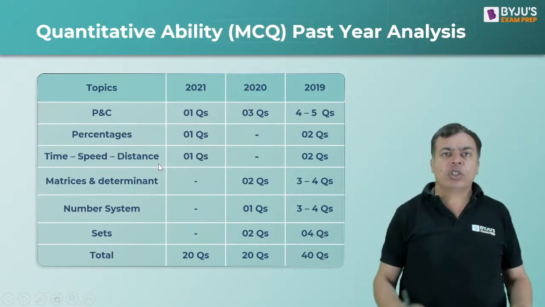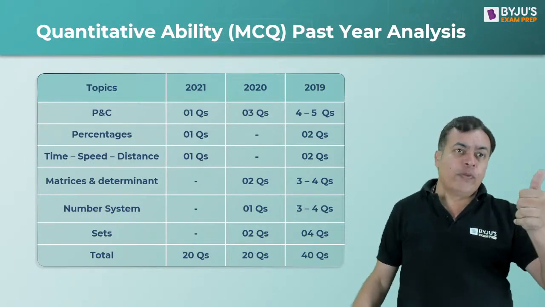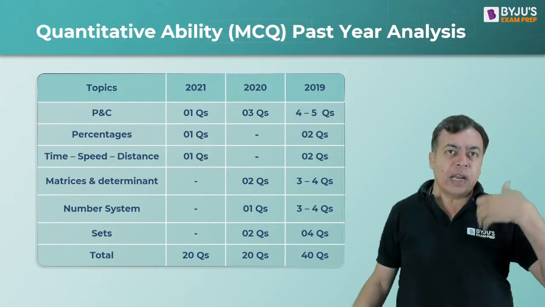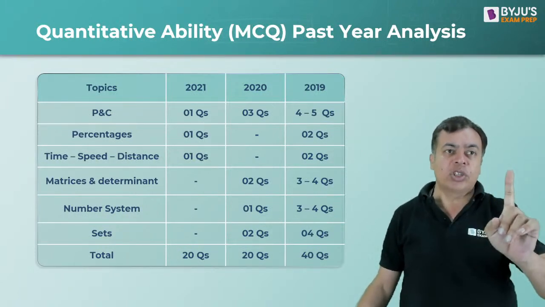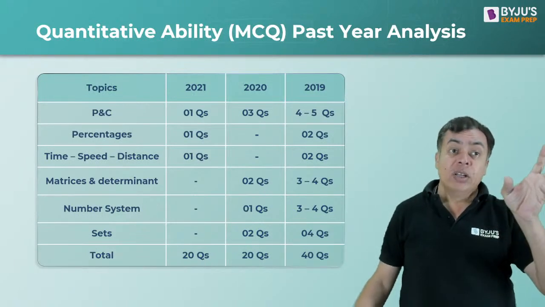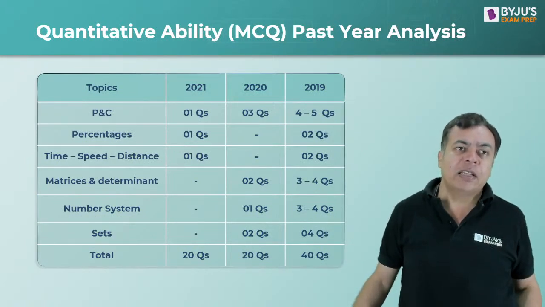So most of the questions, apart from DI, which is one DI set of 5 questions. If you can handle DI and percentages, with a separate percentage question also there, and apart from that if you can work on algebra, that would be great.